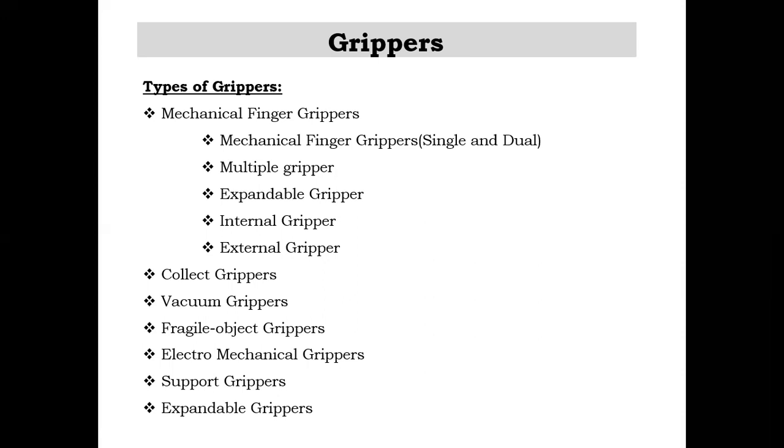That is the external process. Then collet grippers are mainly used in the manufacturing process for collecting material from one line to another line. We will see videos of these grippers in the next slides.